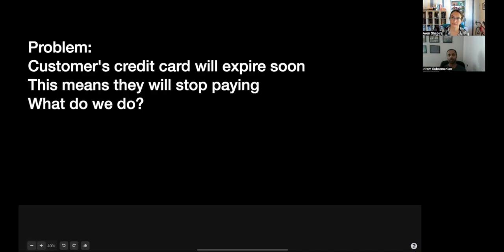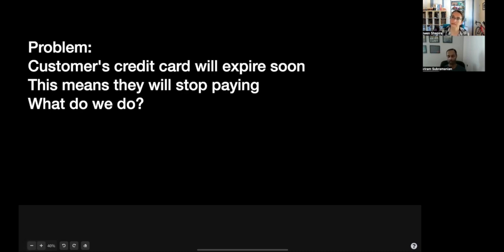And then once they started using the product and things became more serious in terms of usage and scale and cost, you have a lot of challenges that you have to tackle. So one of the key challenges was, hey, guess what? The credit card that the customer just provided a few months back or a couple of years back is going to expire. And if it expires, which means they're going to stop paying us. And the question is then, what do you do?